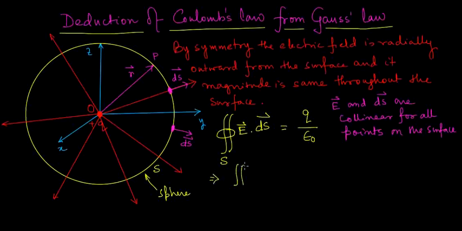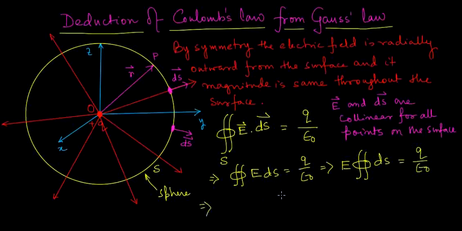So this will imply the integral of E ds is equal to q by epsilon 0, which will imply, now E is constant, so E will come out of this integral. This is the integral of ds, this is q by epsilon 0, which will imply E times, suppose this distance is r, now this radius of this sphere is r, since this is r vector, right? So what will be the integral of ds? It will be 4 pi r square, equals q by epsilon 0.